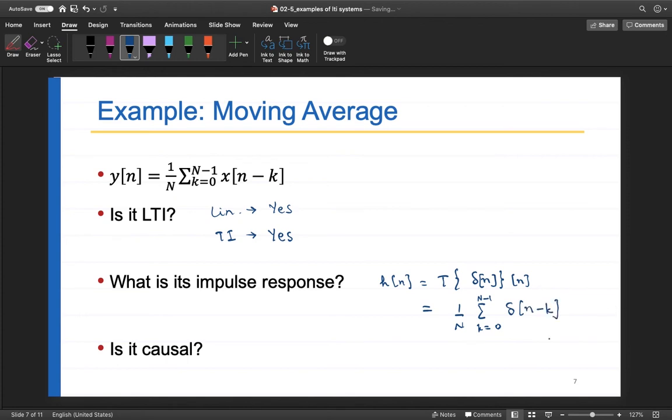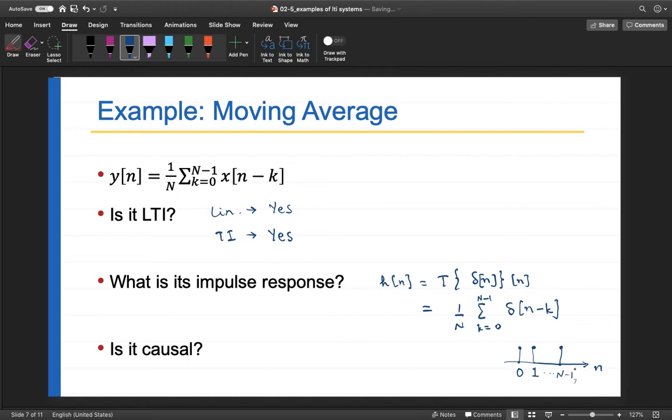Is it causal? Let us plot it. If I plot it, this is my n. Let us say capital N is any positive number, of course. So what is my h[n]? Let us put k equal to 0, so delta[n]. If I put k equal to 1, delta of n minus 1, which will be this thing, and so on up till capital N minus 1.